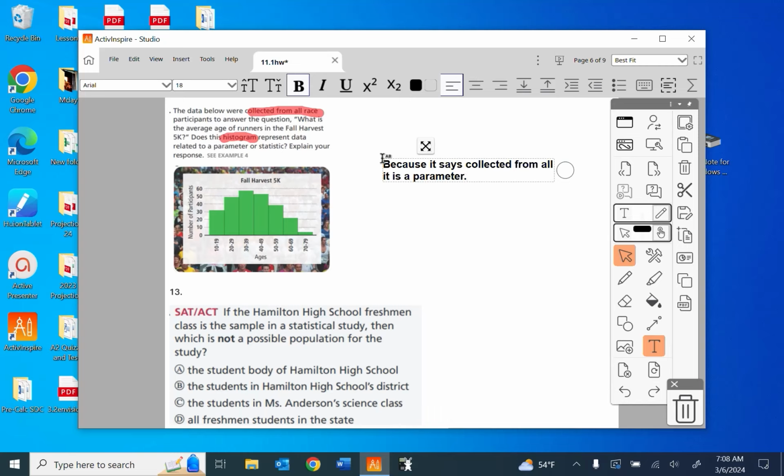Alright, if the Hamilton High School freshman class is the sample in a statistical study, then which is not a possible population for the study? So because it's only freshmen, it should only represent freshmen in a high school.